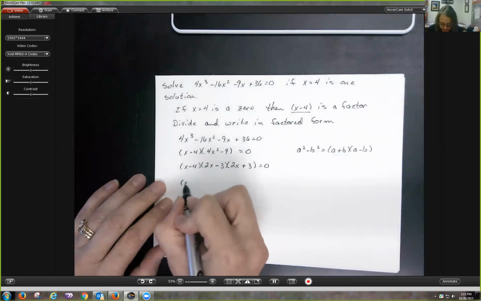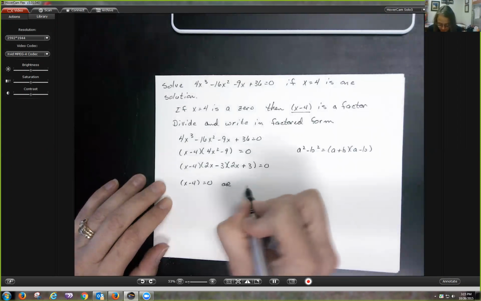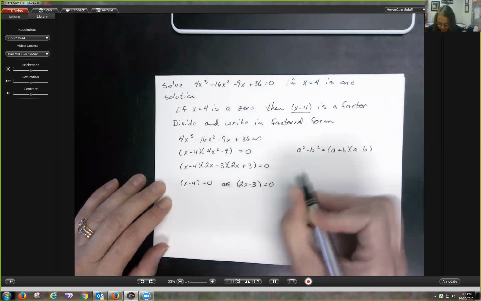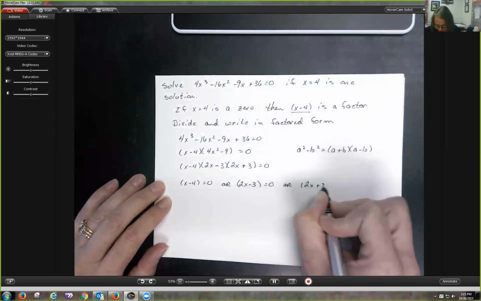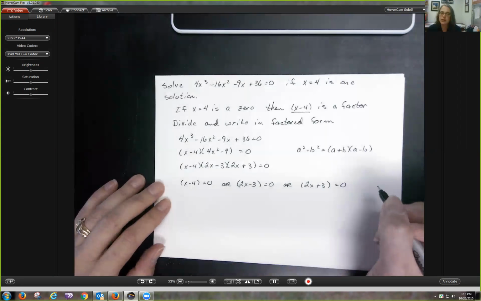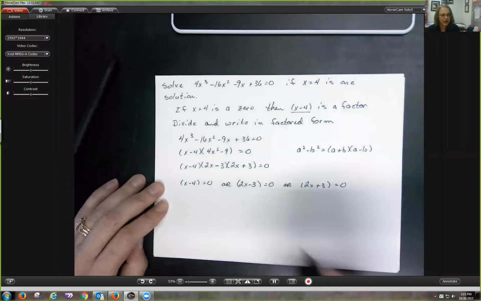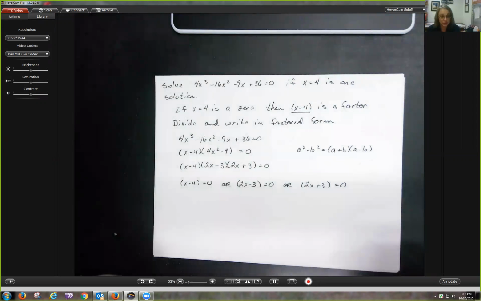So that means that x minus 4 has to equal 0, or 2x minus 3 has to equal 0, or 2x plus 3 has to equal 0. In other words, the only way to get 0 out of a multiplication is to be multiplying by 0.